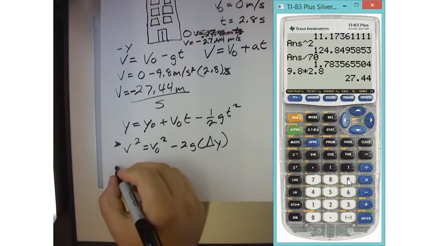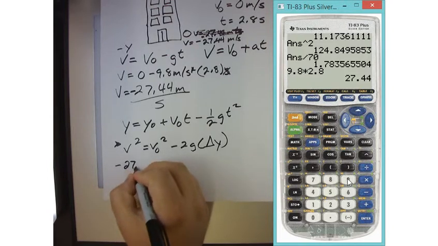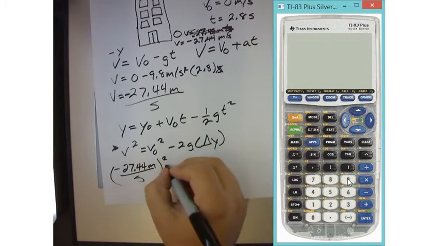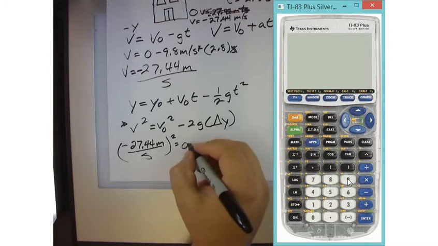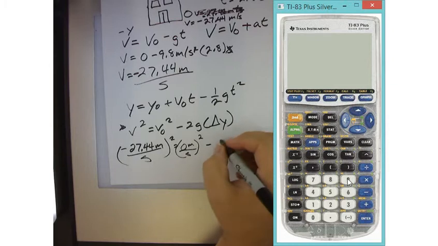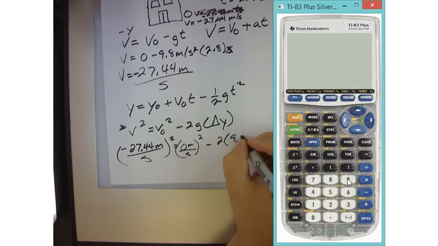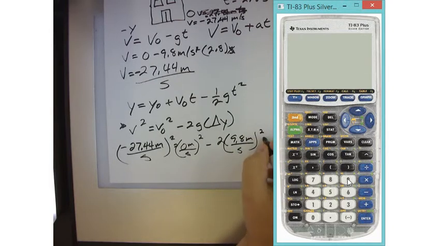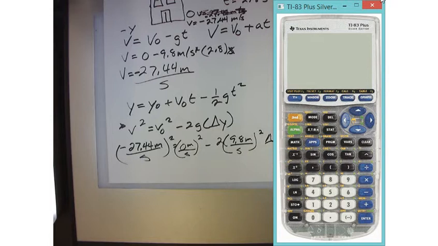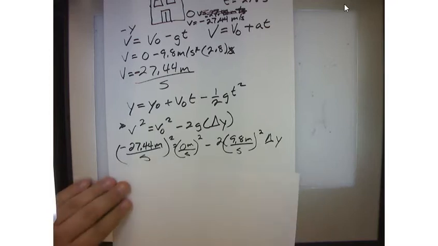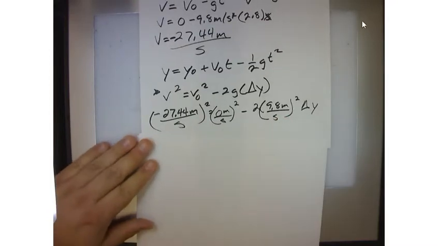So what I'm going to do then is say negative 27.44 meters per second, squared, is equal to 0 meters per second, squared, minus 2 times 9.8 meters per second squared times delta y. Okay, so I'm going to plug all that in and solve for delta y, and that'll give me the distance, or the height of the building. So in the next line I need 27.